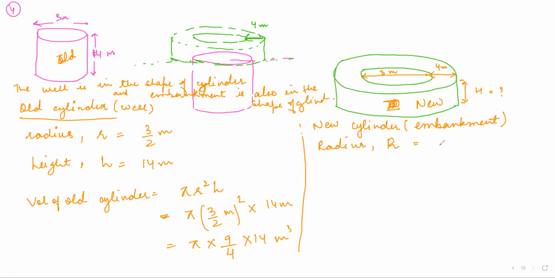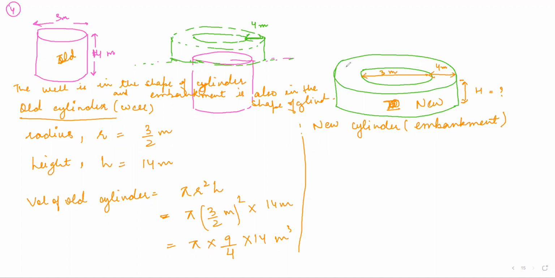Now tell me how much is the radius of my new embankment? Small r plus 4. Yes, very good. Is that correct? Now, basically, you have to do one thing: don't write one radius here, write internal radius and external radius.